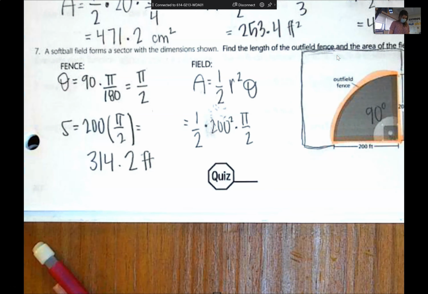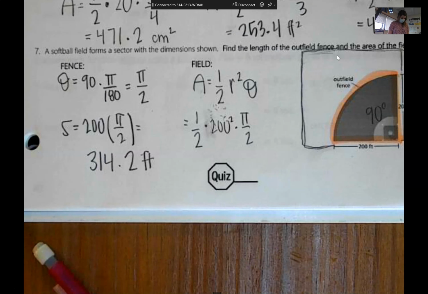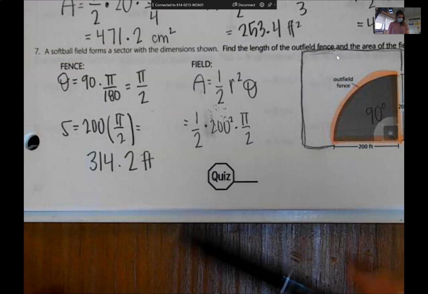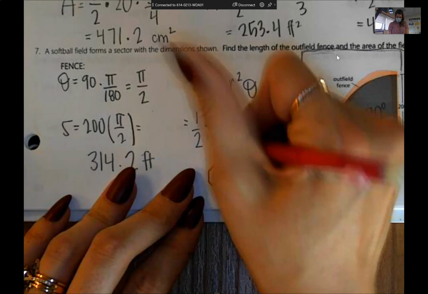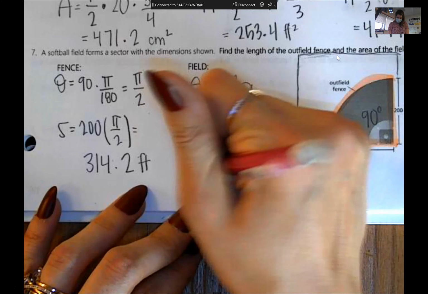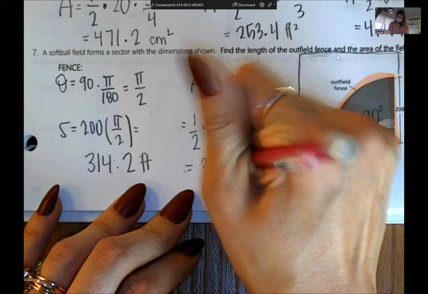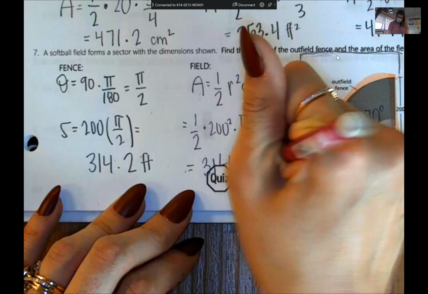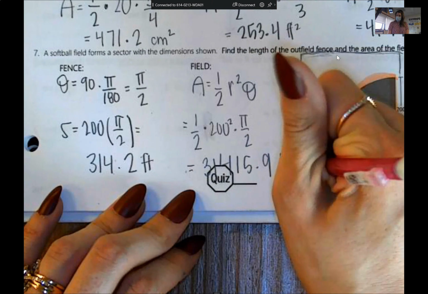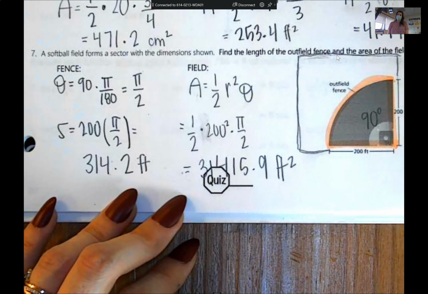I feel like that's going to be a ginormous number. 31415.9. 31,415.9 feet squared. Is that what you guys got?